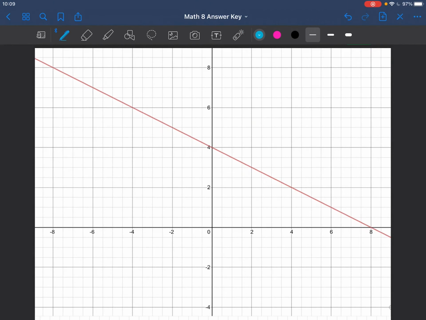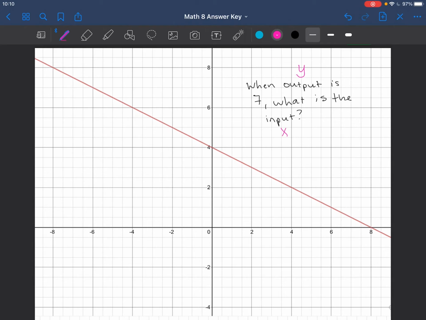Now sometimes in your homework, you're going to be given the output value, and you will be told to solve for the input value. Let's do an example of that first with a graph, and then without. Here we're asked, when the output is 7, what is the input? Again, we have to remember that output always represents y and input always represents x.